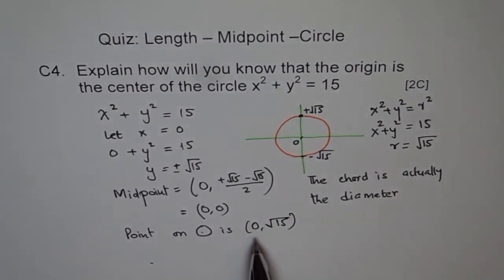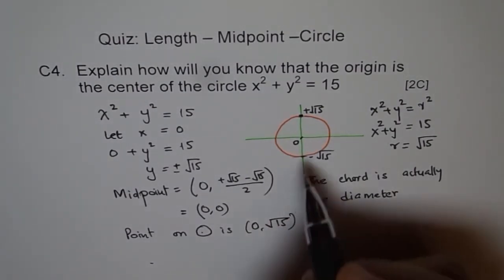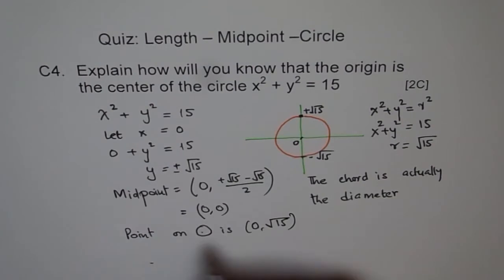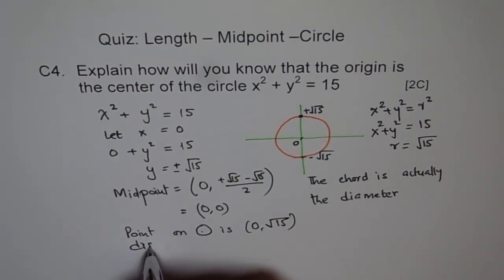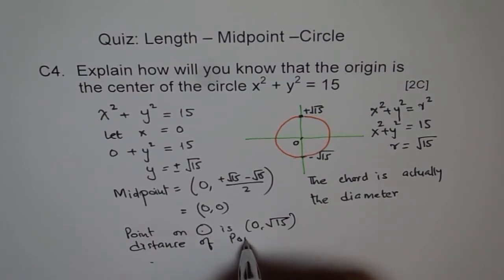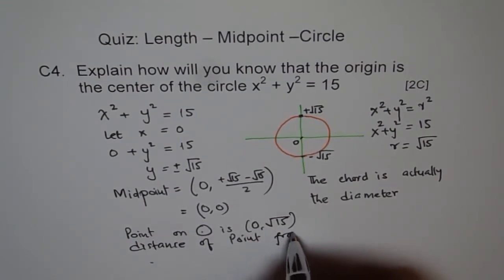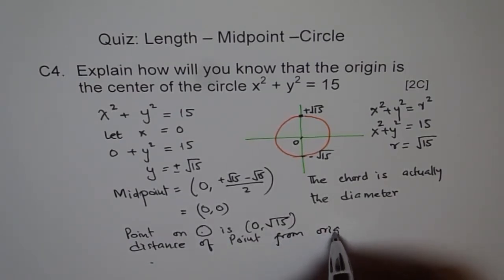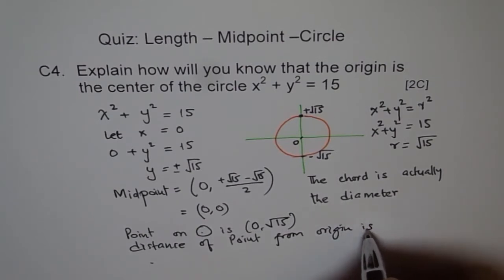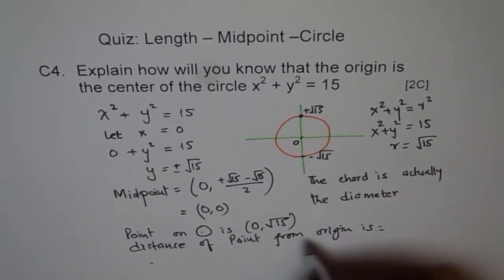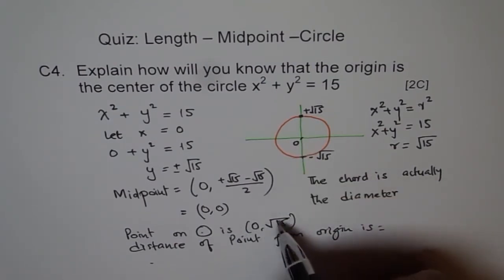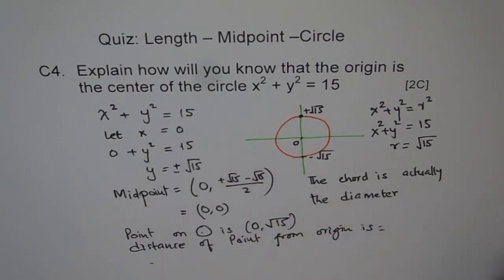Now, how much is the distance from this point to the center? We say the distance of the point from the origin, let us say, where the origin is 0, 0, is how much? From the origin to this point is square root 15, and that is the radius, correct?